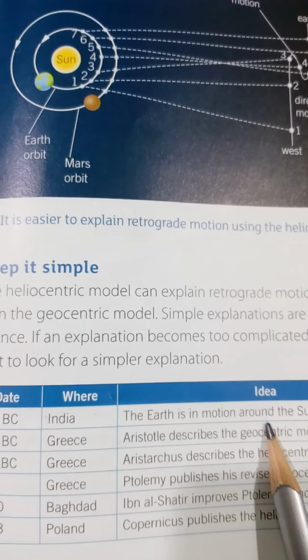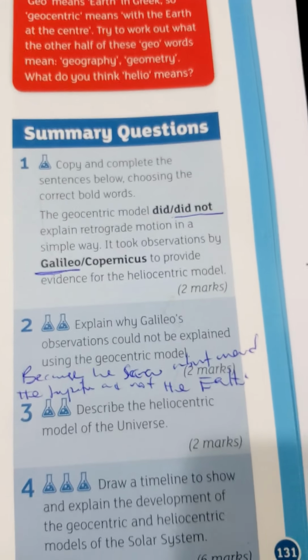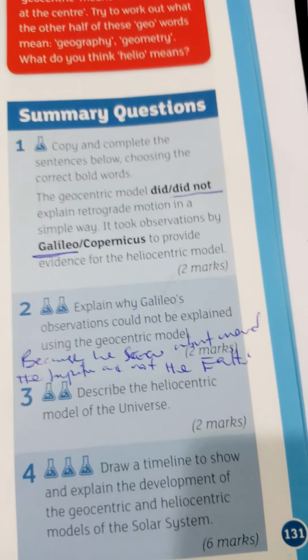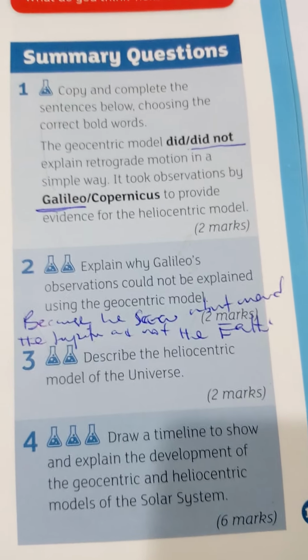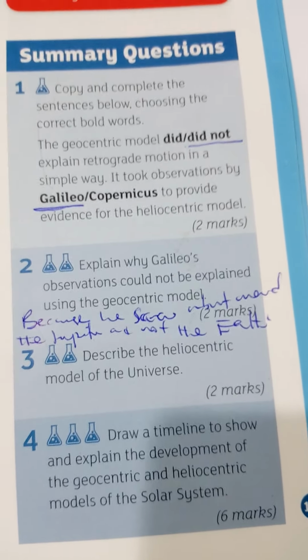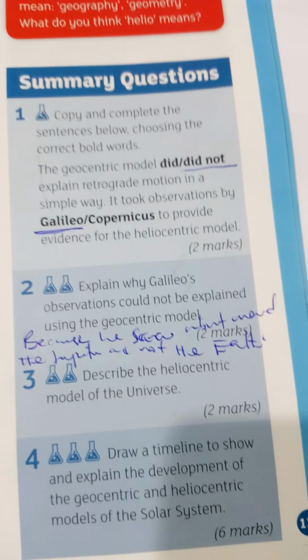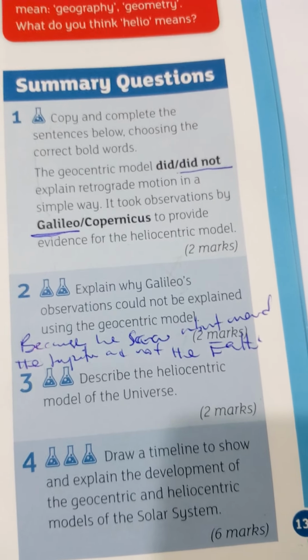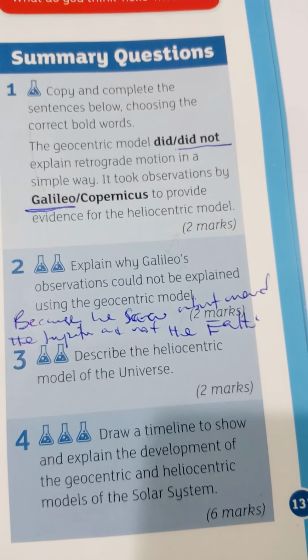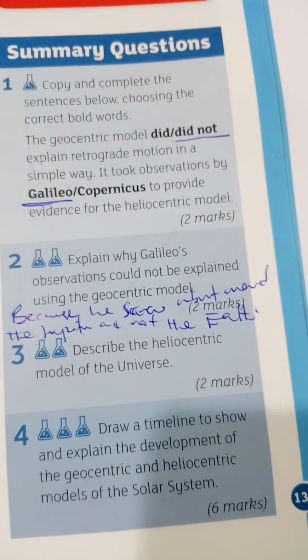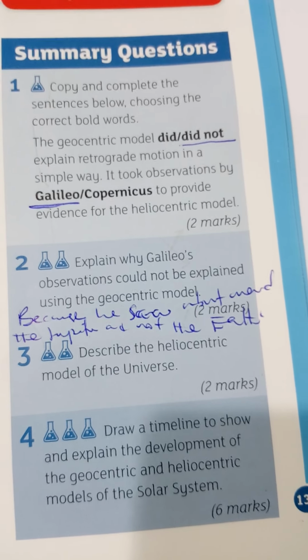It's not anything so difficult. And if you come to the summary questions, they are also not so difficult, okay? If you read it, you can get the picture very easily. Good. So if you look at it carefully, you can see Galileo, and then you come to question 2: explain why Galileo's observation could not be explained using the geocentric model.